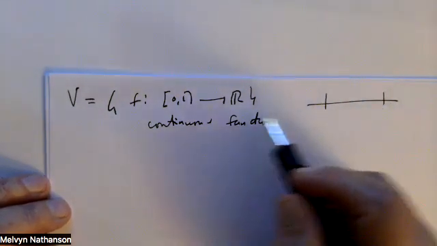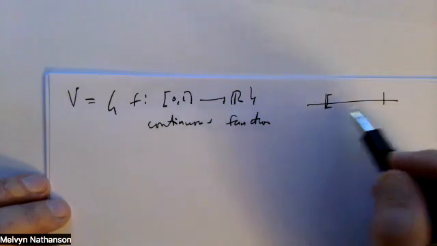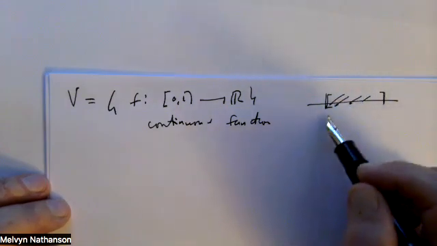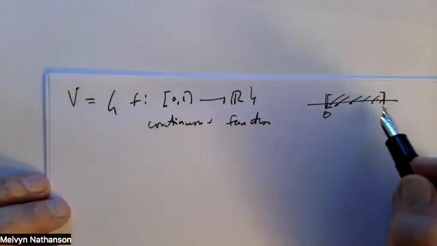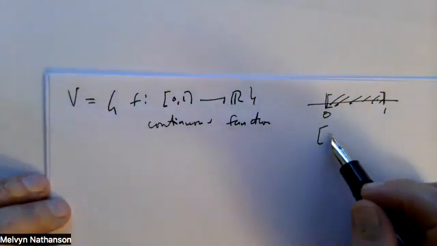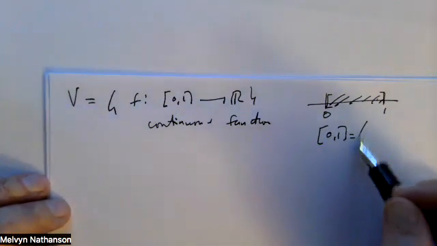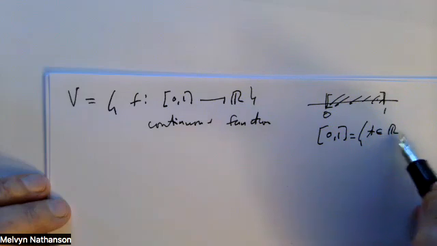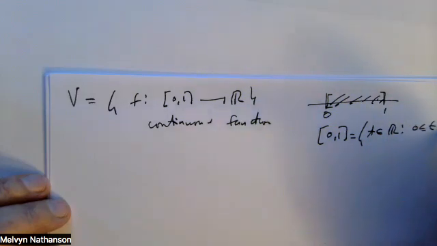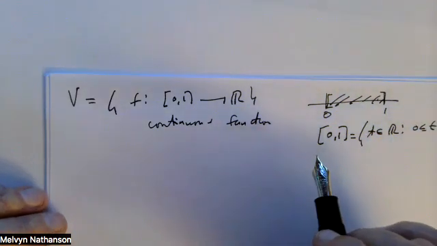And on the number line, this square bracket 0, 1, that's all the points from 0 to 1, including the endpoints. So this square bracket 0, 1, it's all real numbers t such that t is between 0 and 1.